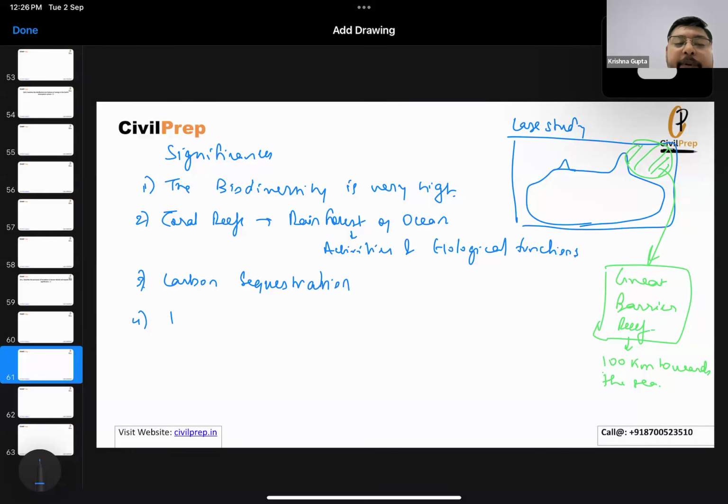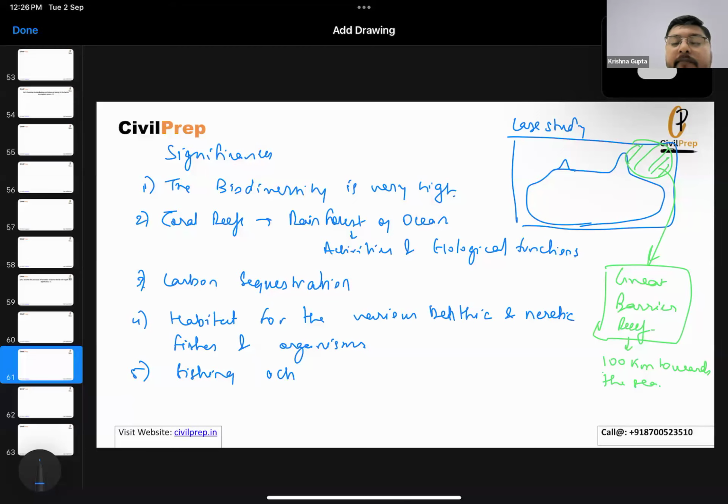They are acting as habitat for the various benthic and neritic fishes and organisms. They are also very good for the fishing activities in the region. And this is also very good for the tourism. Okay, so these are the certain significances of these reefs, or the coral reefs, or the barrier reefs.